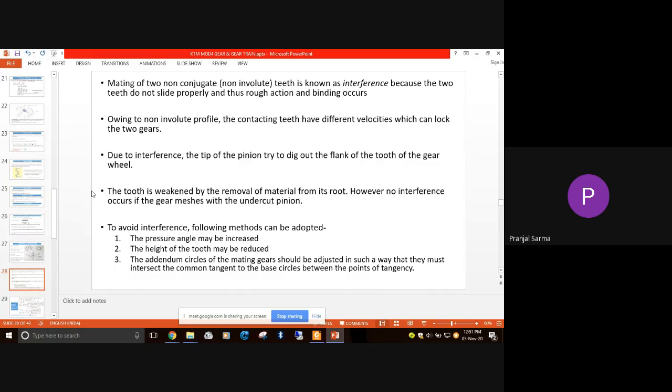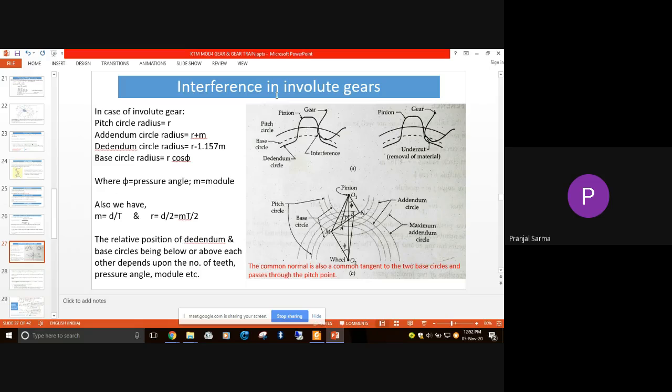Similarly, the height of the tooth may be reduced, because we have seen that the problem occurs whenever the addendum circle interferes there. If you look at this figure, if the height of the tooth is reduced here, it will not interfere, since it will already be less.